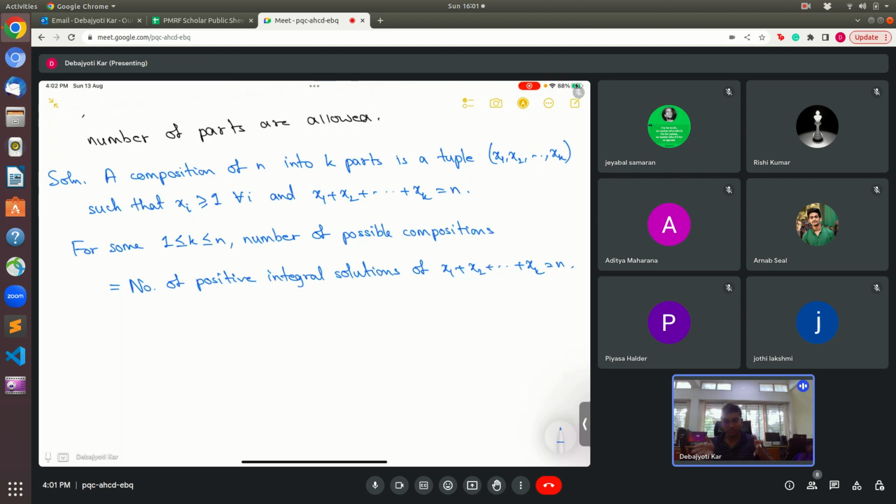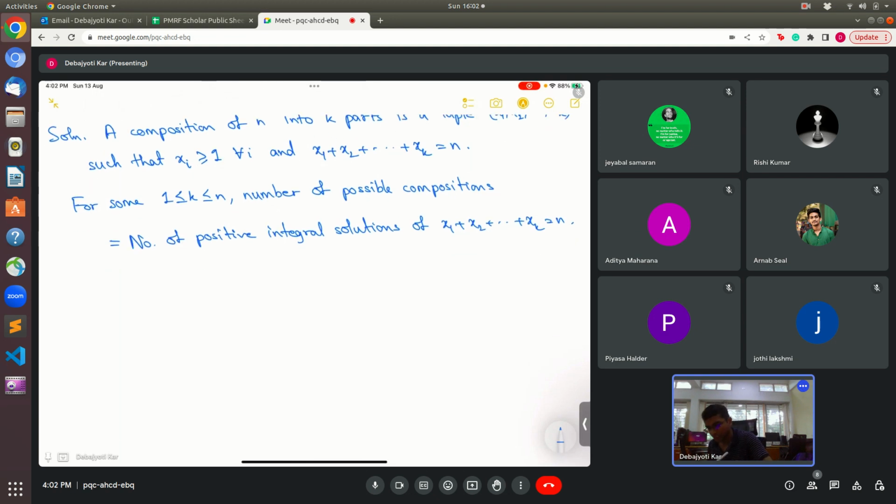How many distinct positive integer solutions of this equation are there? This is a very standard formula which sir has already covered in class. So this is equal to n minus 1 choose k minus 1. It's a well-known quantity, so you can go over the lecture notes. The number of positive integer solutions of this is nothing but n minus 1 choose k minus 1.